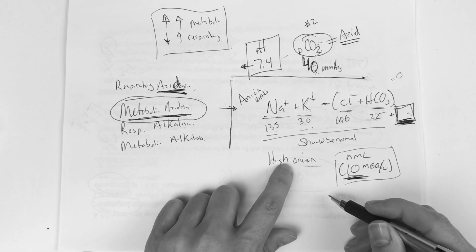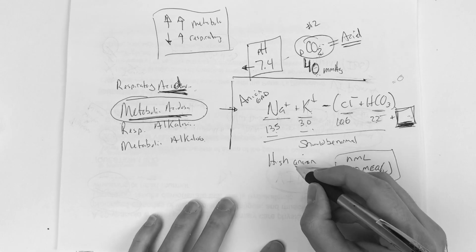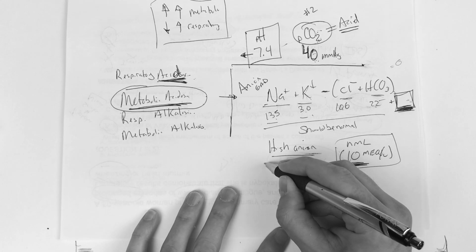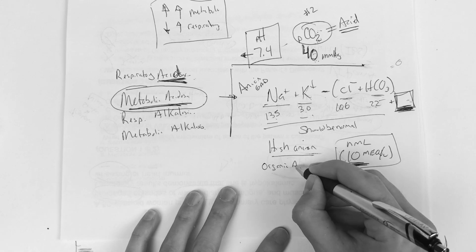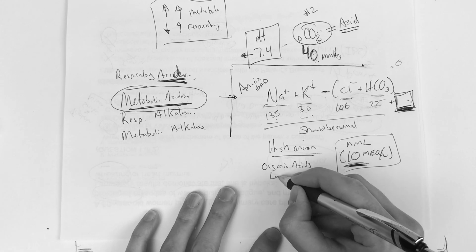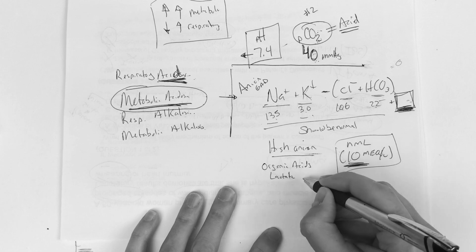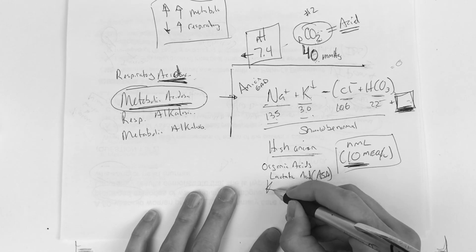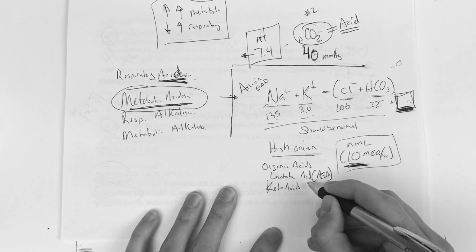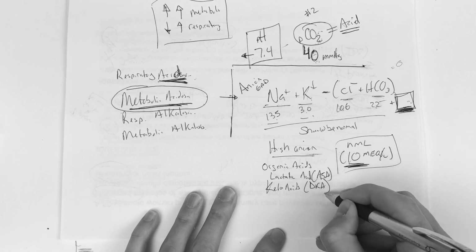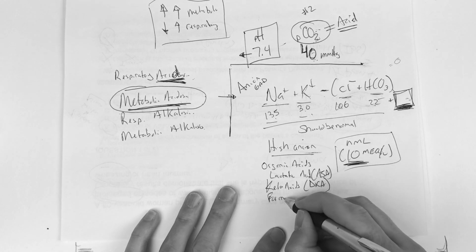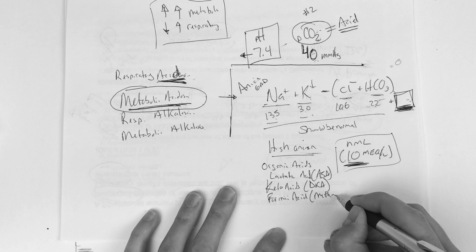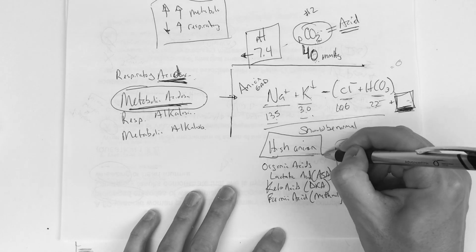If it's higher than that, if it's a high anion gap, you've got to be thinking organic acids: lactate or lactic acid, salicylates, i.e. aspirin, keto acids, i.e. DKA, or formic acid from methanol. So if it's a high anion gap, you're thinking those.